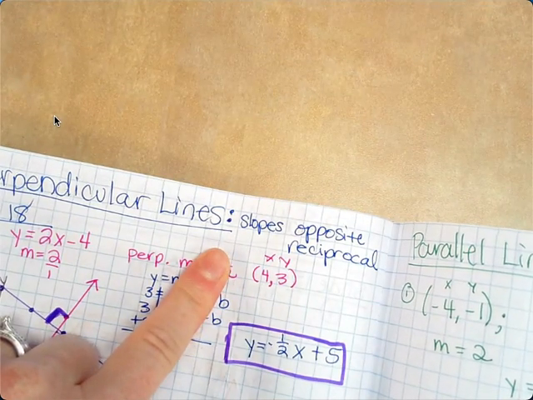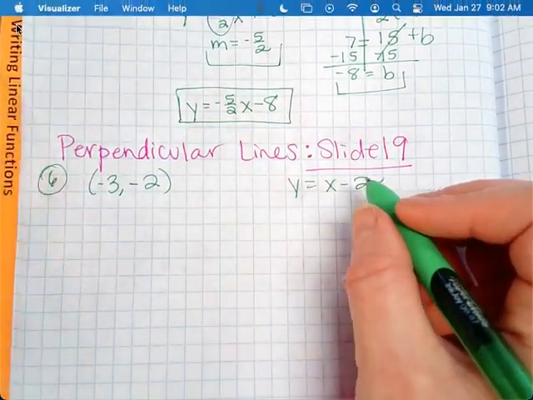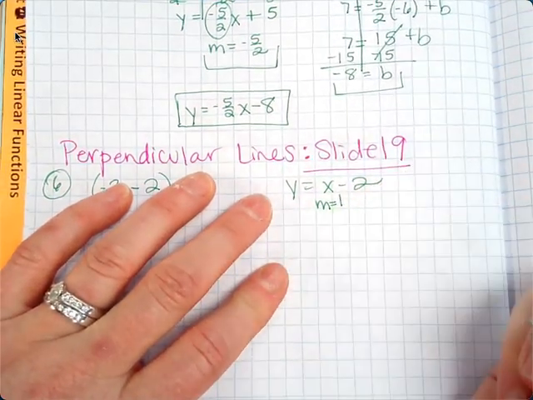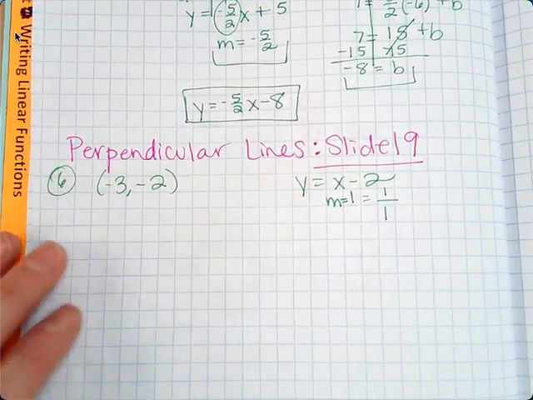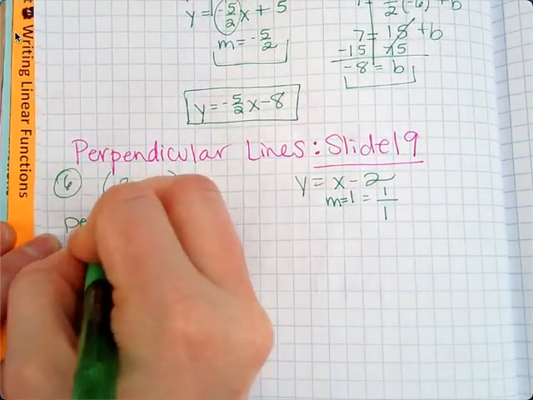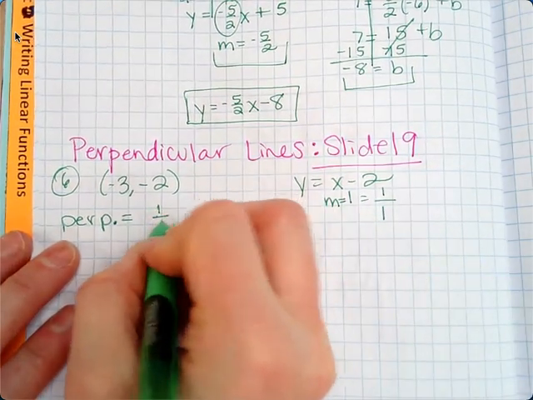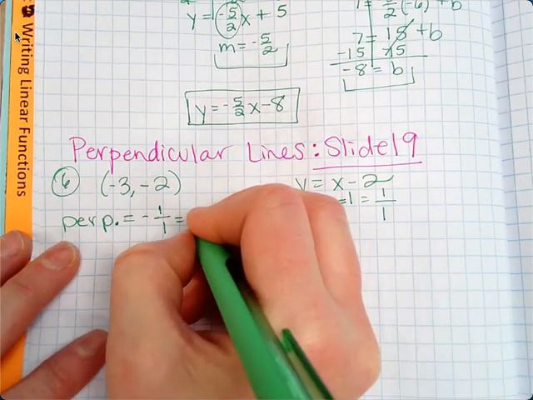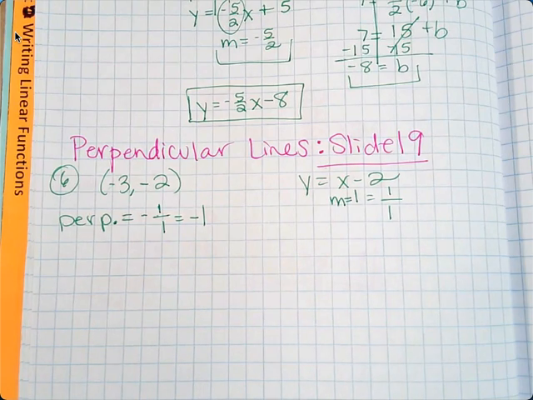So we got to flip it and change the sign. So what is the slope of our given equation? Yeah, m equals 1, which is really like 1/1, right? So our perpendicular slope, we're going to flip it, which is still 1/1, but it's going to change the sign, negative. So our slope is -1.